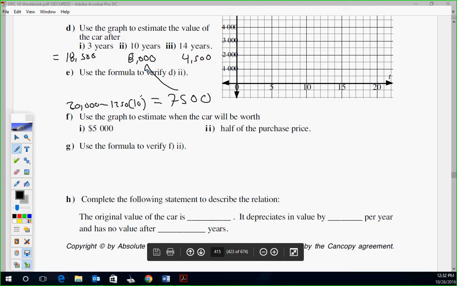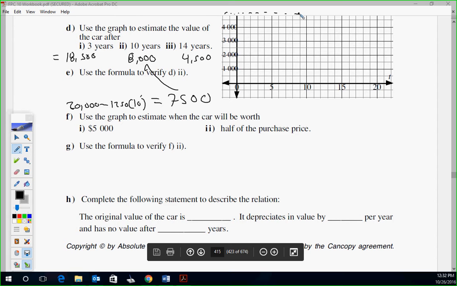Okay, same thing. Use the graph to estimate when the car will be worth $5,000. So you should go to this spot right here, draw a line over, and see what the time is. Based on our observation here, it's going to be between 10 and 14 years. What do we think?